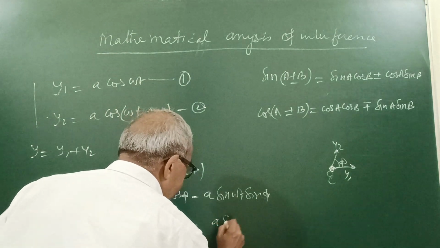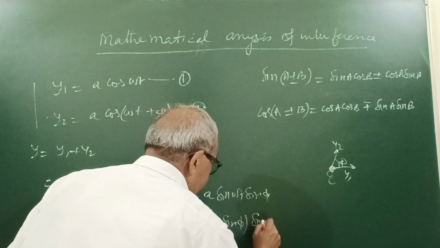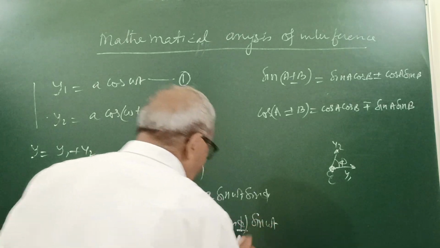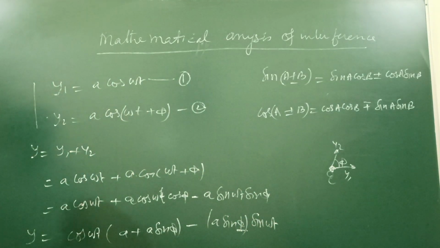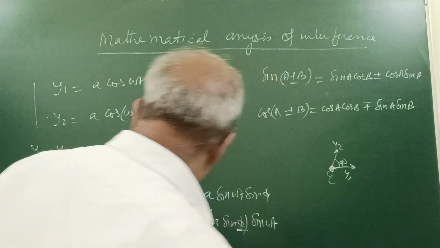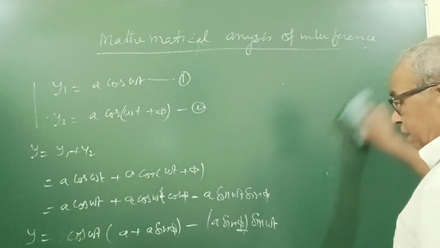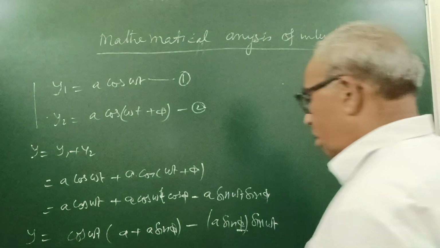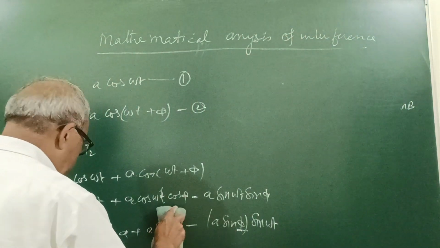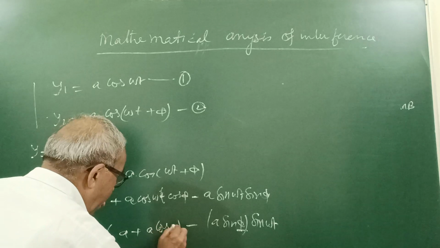Phi is the phase difference between these two waves. So now, A plus A cos phi and A sin phi.